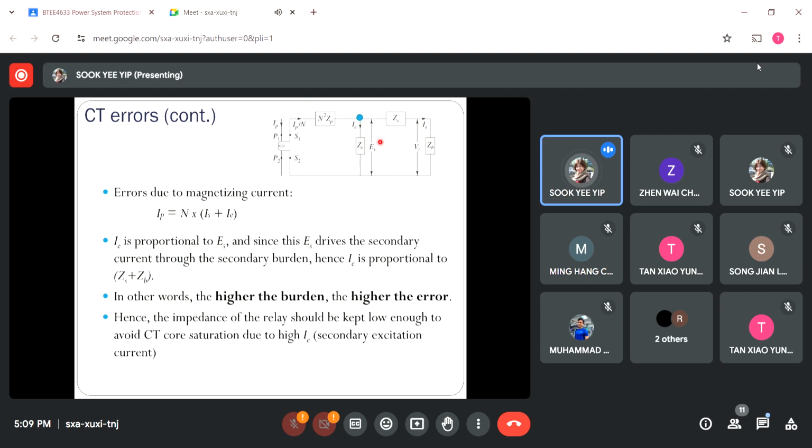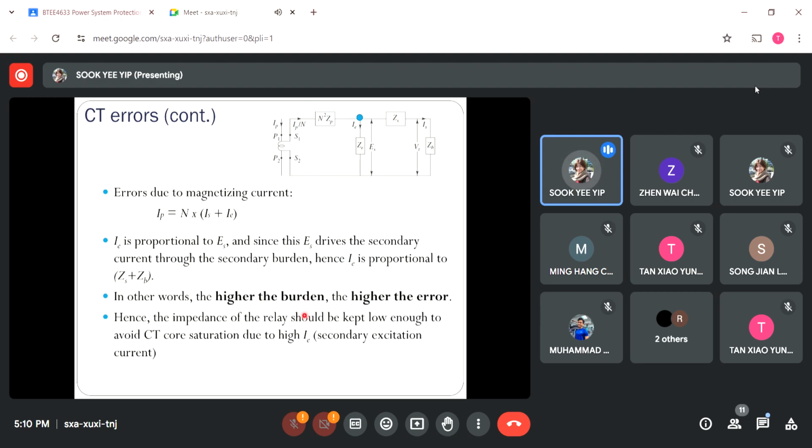So we know that to change this voltage value, we are able to change the currents, which are directly proportional to each other. To lower the magnetizing current, I will try to lower the voltage induced here, which is done by lowering the secondary burden value. So if you look at this other form of equivalent circuit for the current transformer, we can also try to lower the error coming from the current transformer by reducing the burden here.